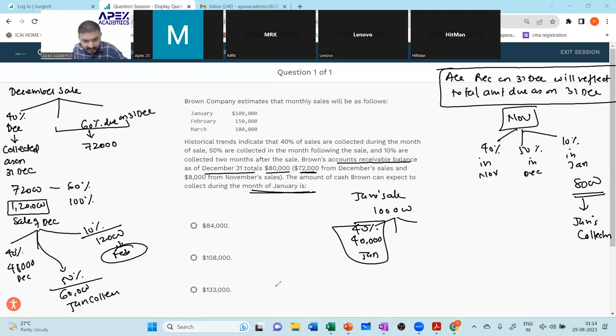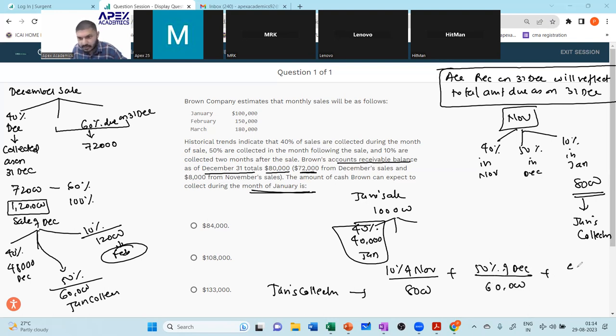So Jan's collection includes 10% of November, which is 8,000, 50% of December, which is 60,000, and 40% of Jan itself, which is 40,000. Your answer is 1,08,000. A good question, a sticky question, and an important question. Apex 25, 1,08,000. Fantastic. Well done.